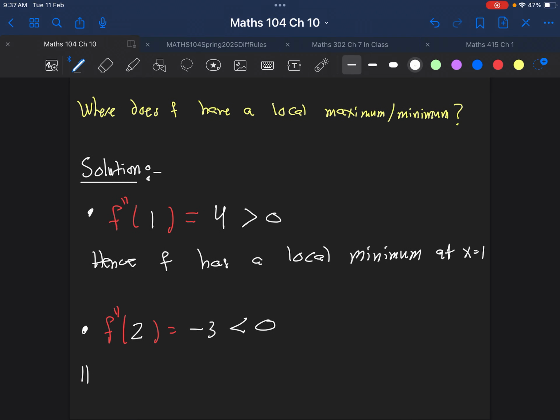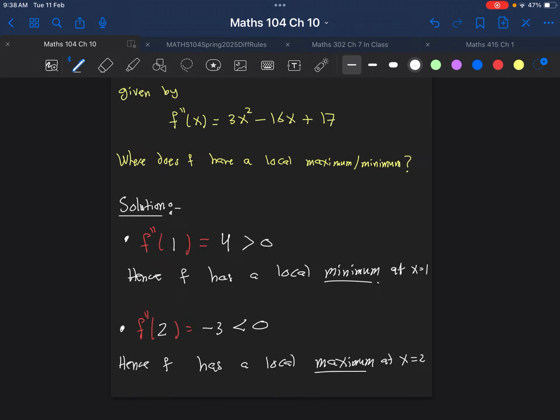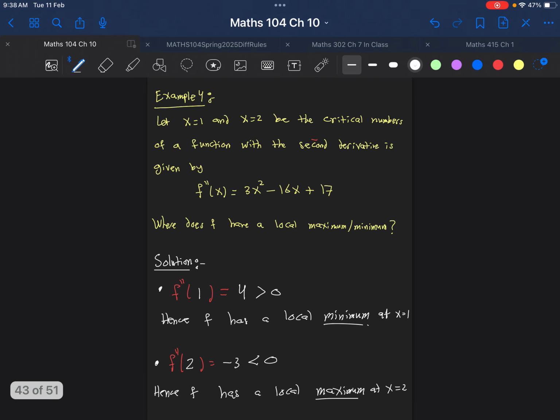Again, if it is a minus, it is less than 0, hence f has a local maximum at x equal to 2. And that's how we solve this question.